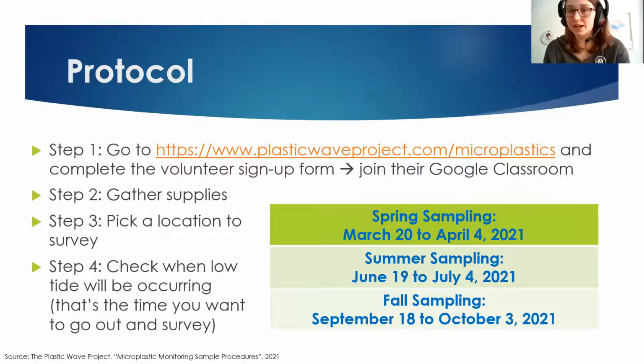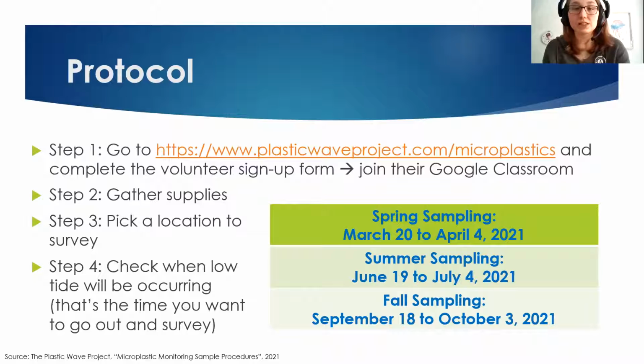So once you're signed up for the project, go ahead, get your supplies, pick a beach, and again, you're going to want to go out at a low tide kind of time. They put out guidelines for sampling seasons. The spring sampling season is from March 20th to April 4th. Then their summer sampling is from June 19th to July 4th, and their fall sampling is September 18th to October 3rd.